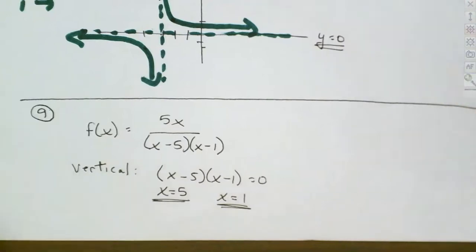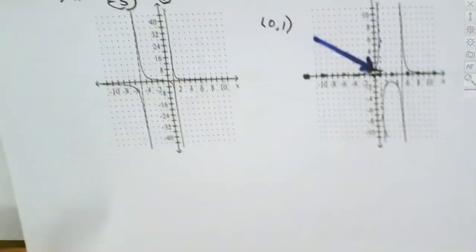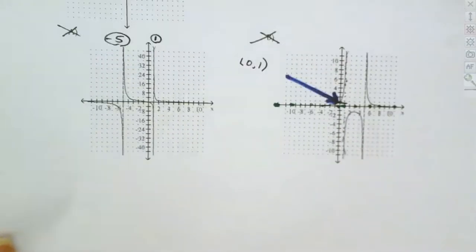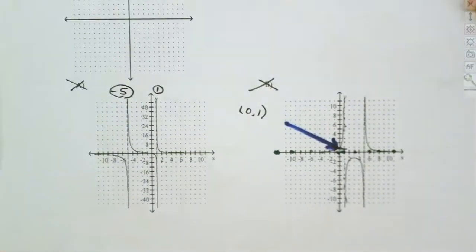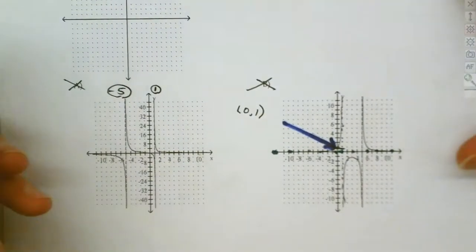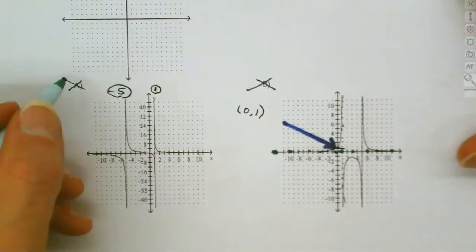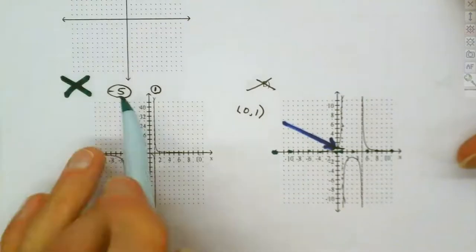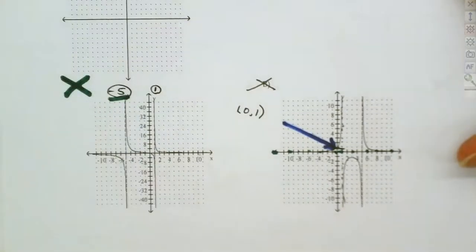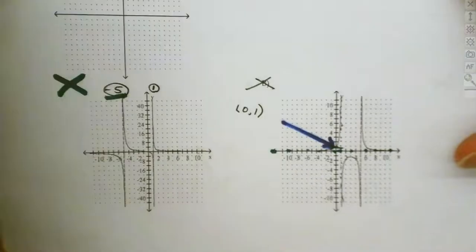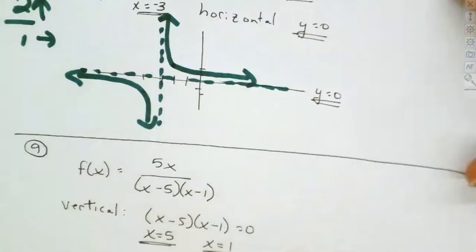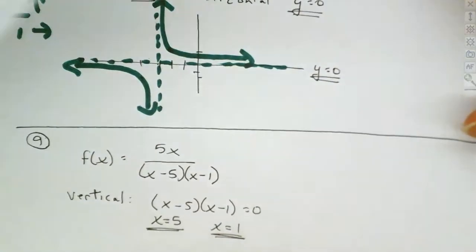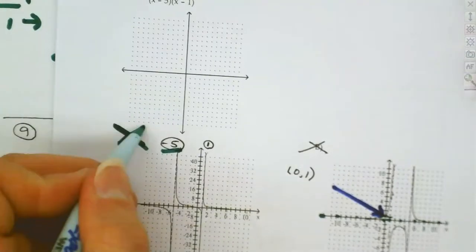Those are my verticals. Now, let's look at my choices. Why is part A not going to work? Because it's got a negative 5 there, and what's supposed to be positive 5. So we can go ahead and eliminate A.